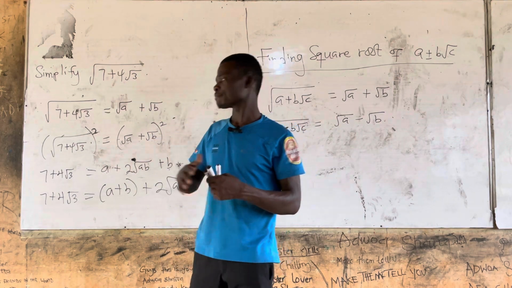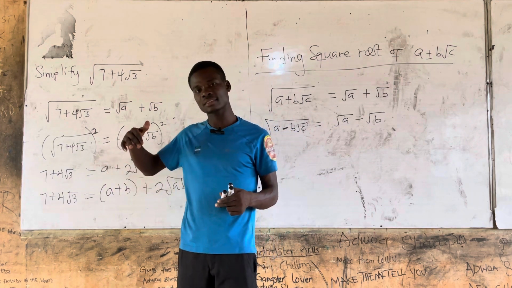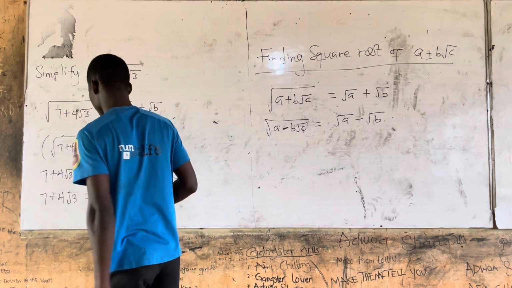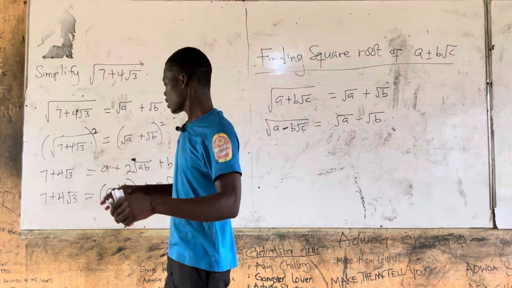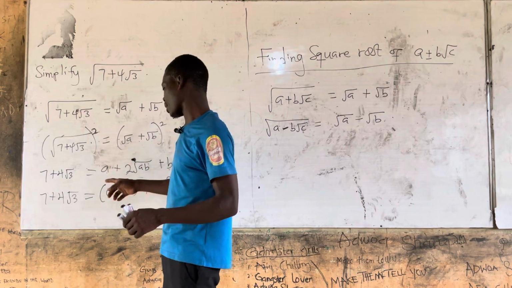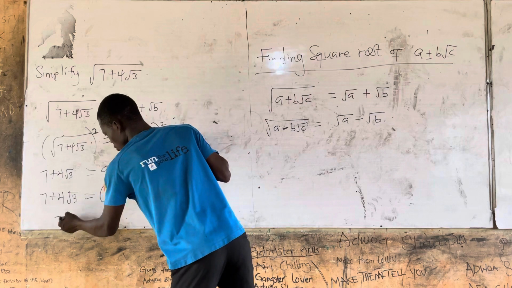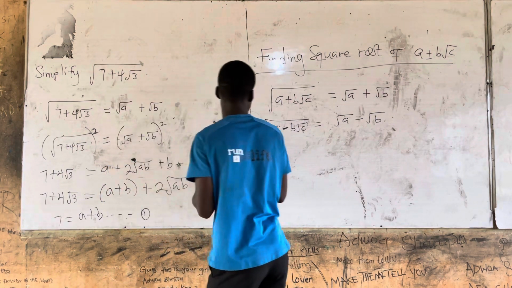Now, let's do some comparison. When you check the numbers at the left side of the equation, you see that 7 is a constant or a whole number. And the constants or whole numbers here are what? A and b. So you can equate 7 to a plus b and name it as equation 1.